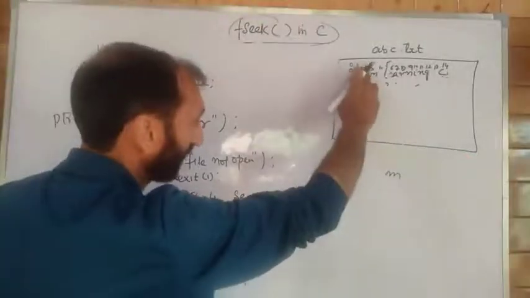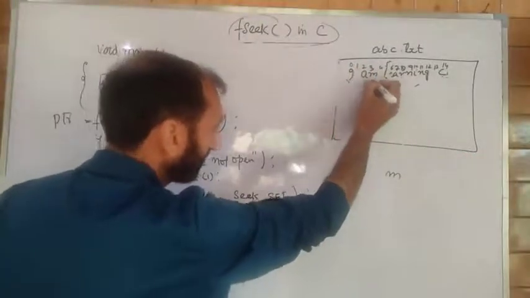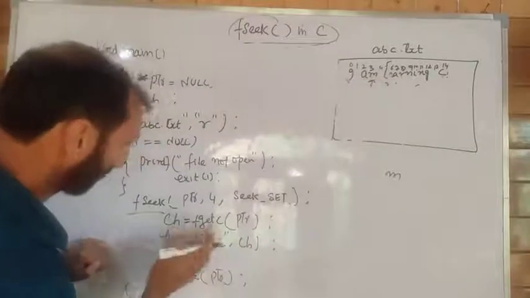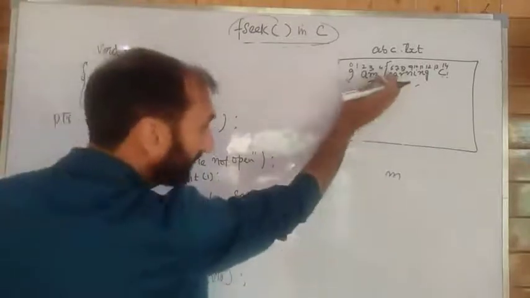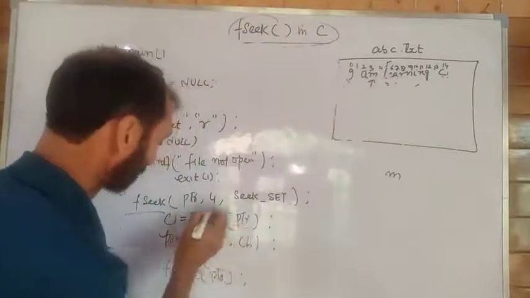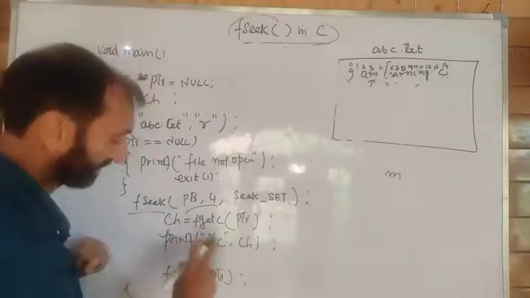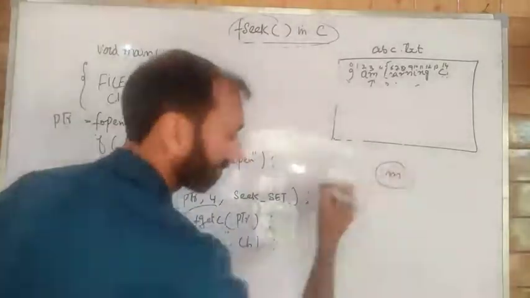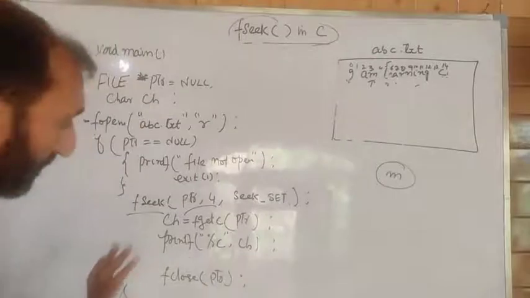That means 0, 1, 2, and 3. Now the cursor is here. Now if we read this character M, it gets stored in ch, and printing ch will print M. Okay, this is the first case.